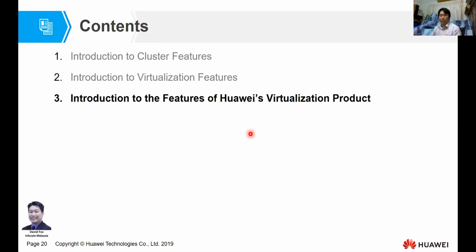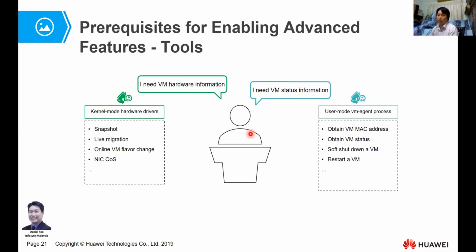Okay. So lastly, we'll look into some of the features provided by Huawei FusionCompute Virtualization. Okay. So prerequisite to enable advanced feature that we discussed earlier is the tools. Still remember yesterday I demoed the installation.